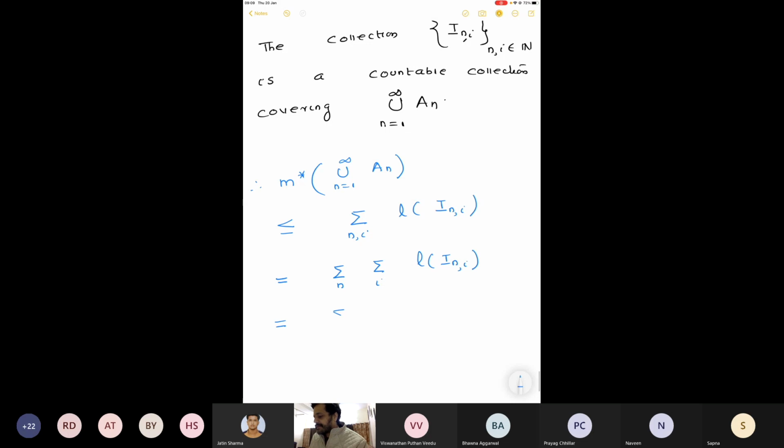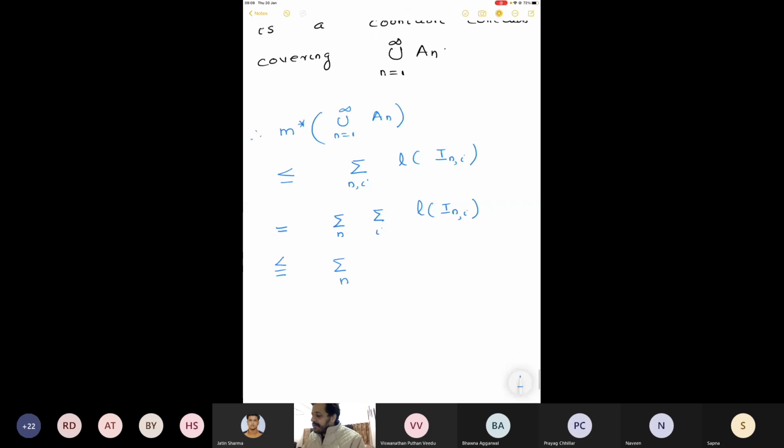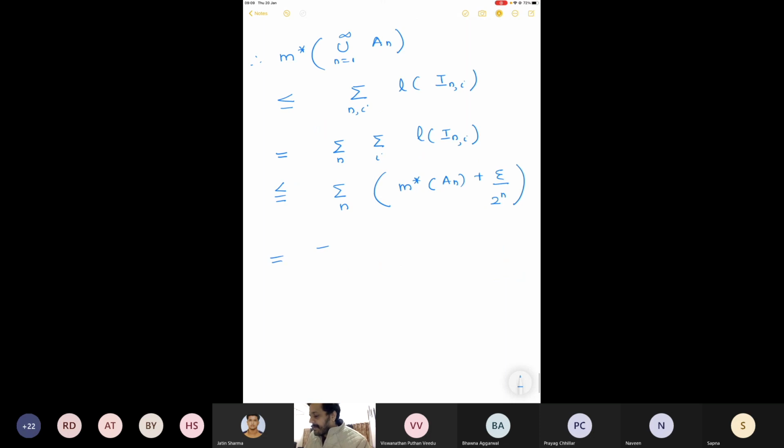That is equal to the summation over n of the sum of lengths, which is less than or equal to m star of A_n plus epsilon by 2 power n. That is equal to the summation over n of m star of A_n plus, this is a geometric series when n varies, and the value will be epsilon: 1 by 2 plus 1 by 2 square plus etc. will be 1.